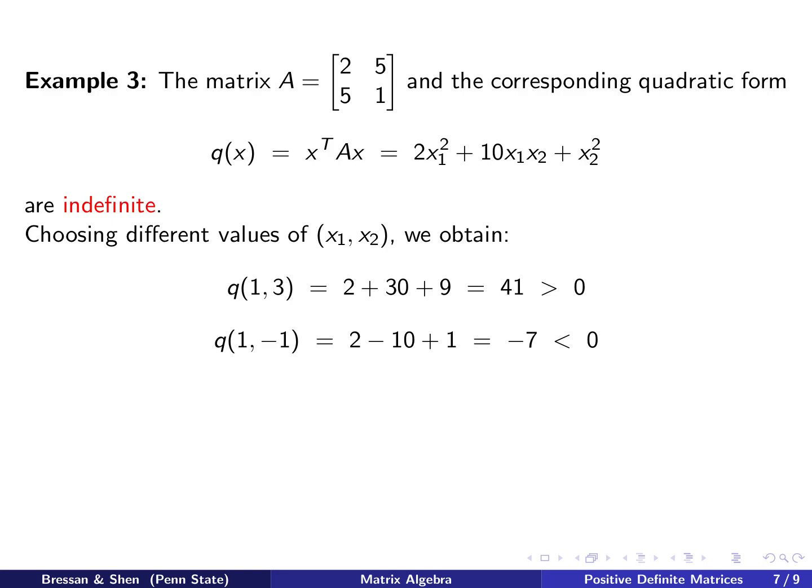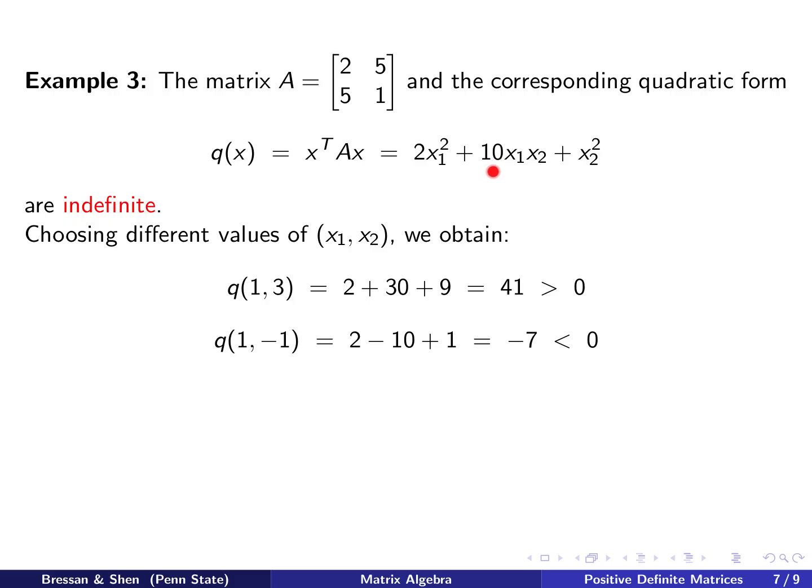To show that it's indefinite, it is enough to find some different values of x1 and x2 where Q is positive for some choices and negative for others. Then it's indefinite. So we can just try our luck and try a few numbers and see what comes out. If we put in 1 and 3, we get 41, that's a positive number.